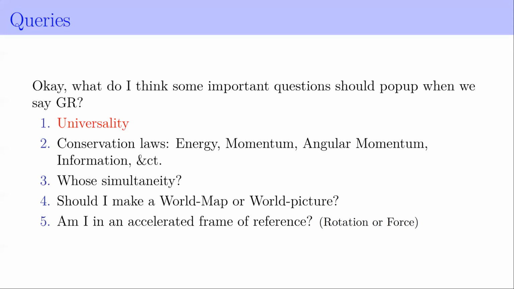There's no gravitational force, none whatsoever. That's what an inertial frame in general relativity means. You have no gravitational forces, no other forces, no forces whatsoever on you. You're just freely falling.